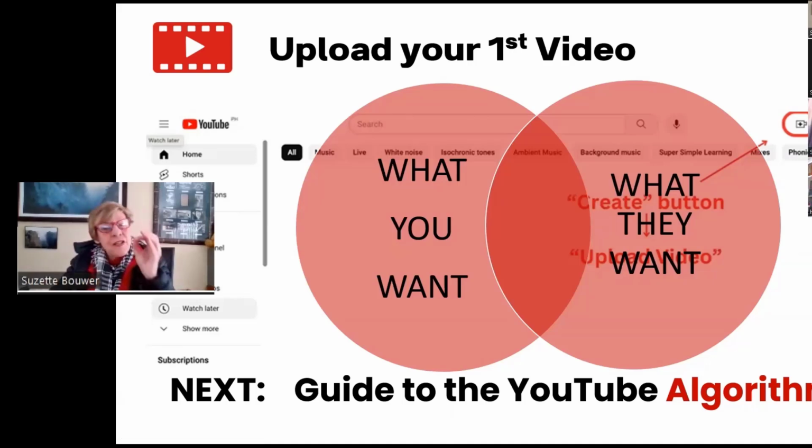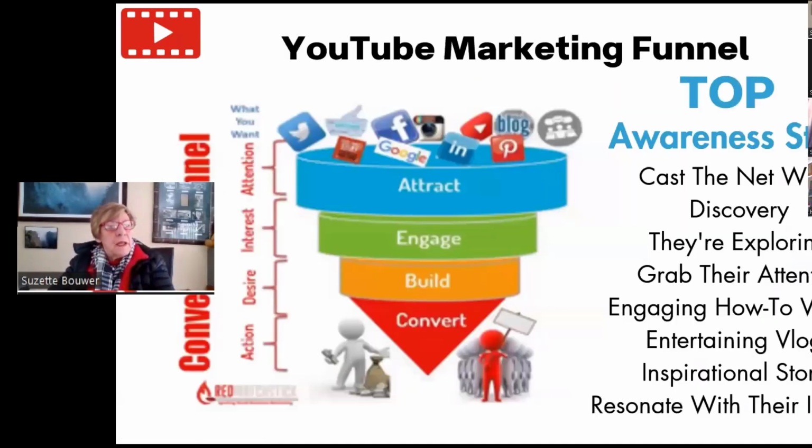Don't think it's against you, help it. And then finally, the strategy for a conversion funnel is a very important part, and YouTube video marketing is fantastic for each stage of this.